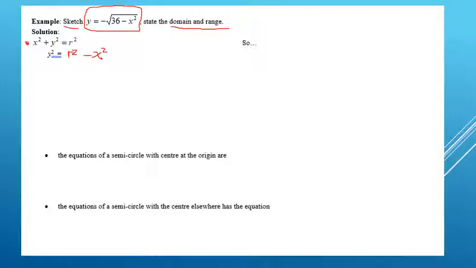And to get y by itself, like the equation above, I can take the square root of both sides, but when we take a square root, we've always got to remember you can get a positive or a minus answer. So we say plus or minus the square root of r squared minus x squared. Alright, there's actually two equations here.